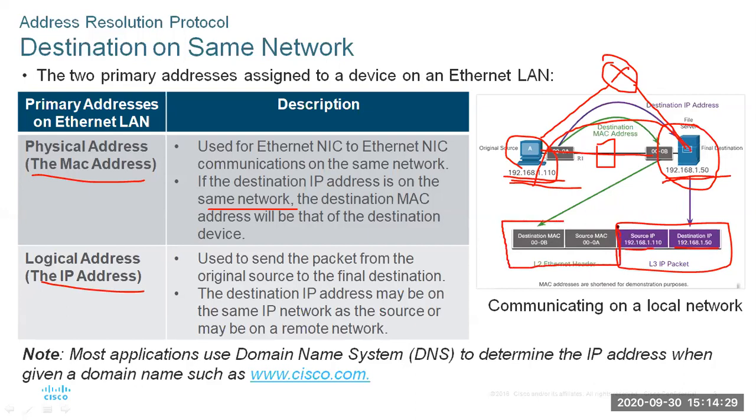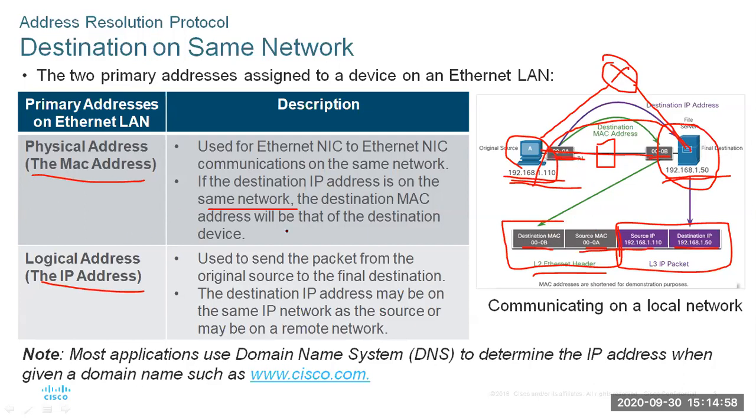That's layer 2 information. The source MAC address is 000A, which is this one here. The destination MAC address is 000B, which is this one here.